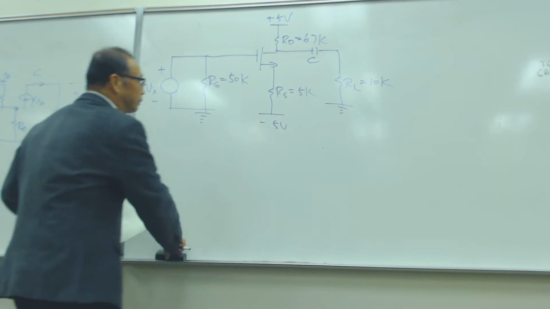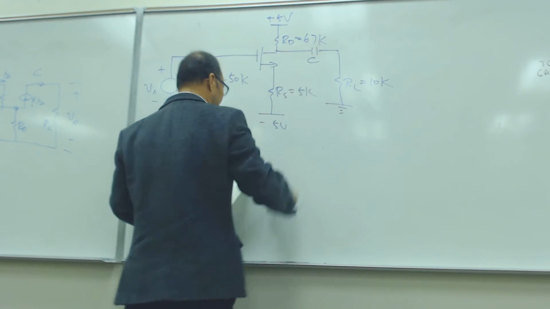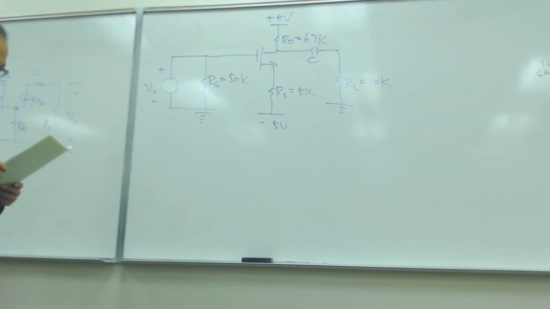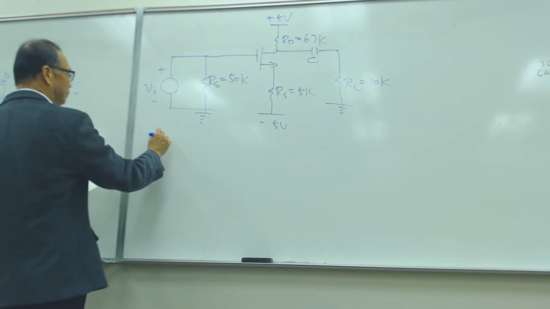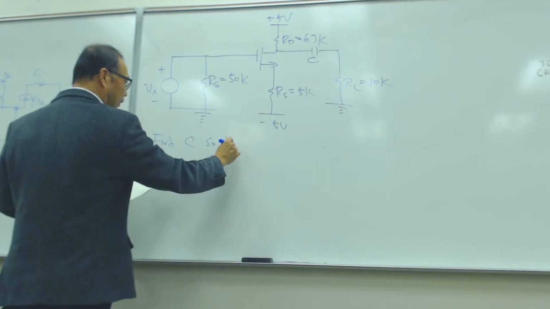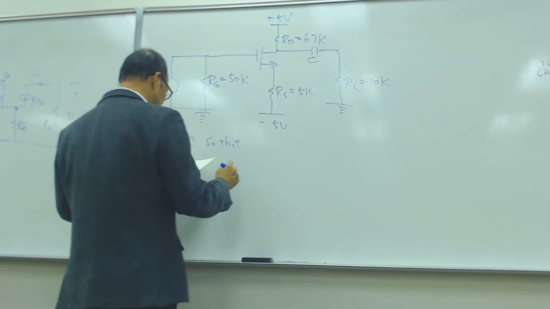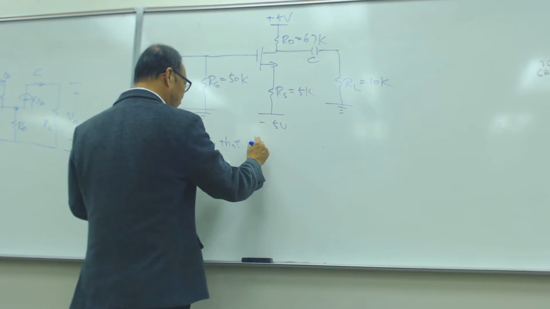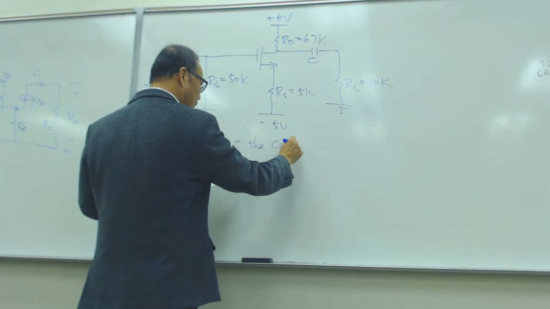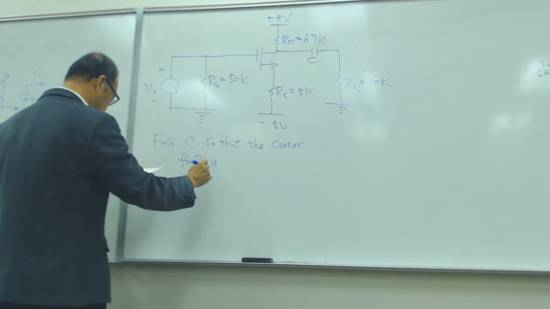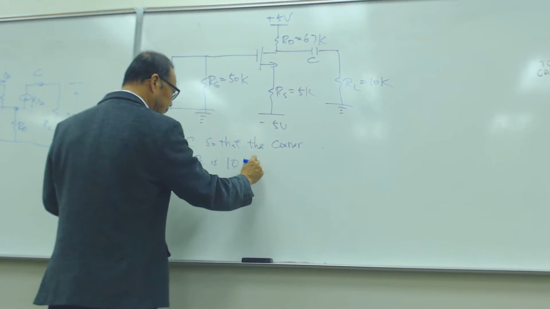Okay, so this is the circuit, and we want to find out the value of C so that the corner frequency is 10 Hertz.